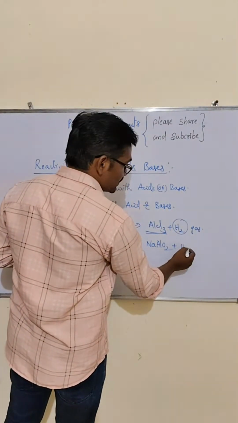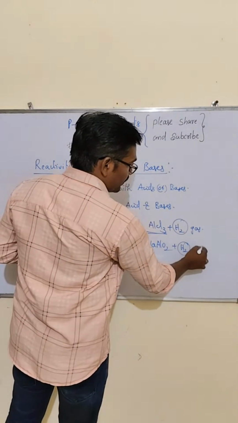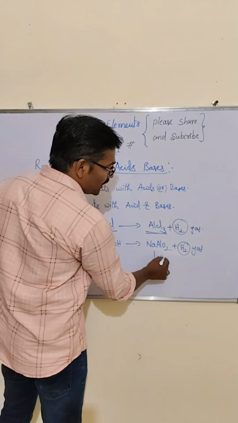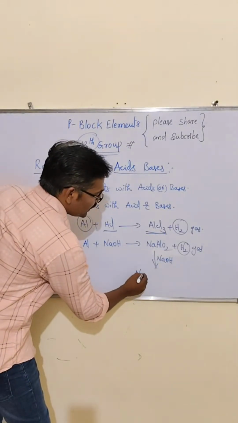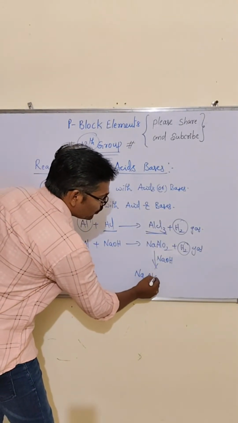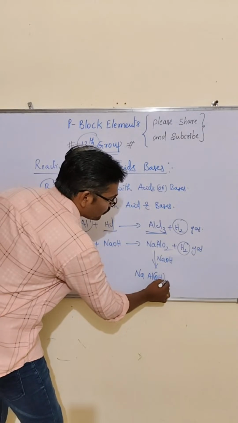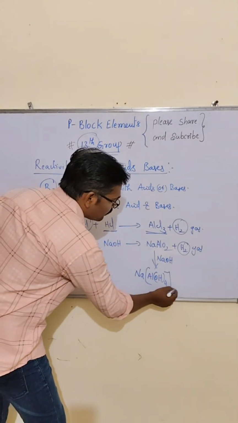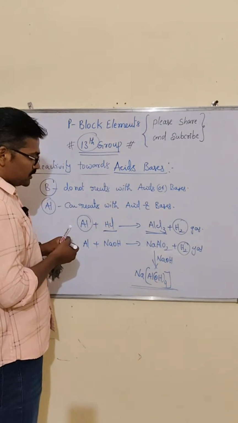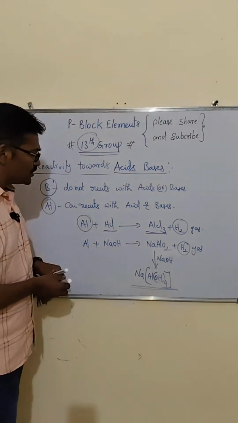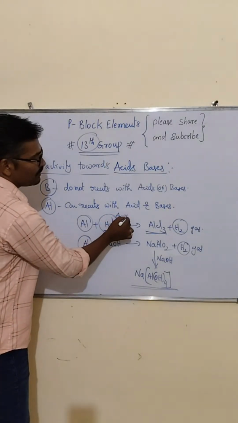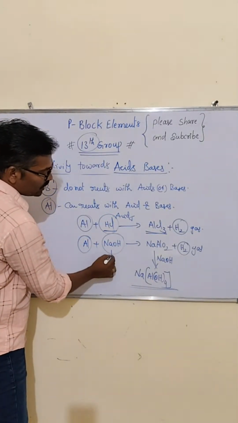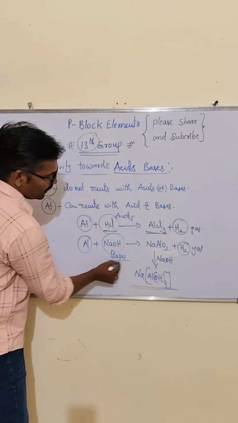Then with further NaOH, Na[Al(OH)4] will be formed. So these are the reactions. Aluminum can react with acids, and aluminum can react with bases.